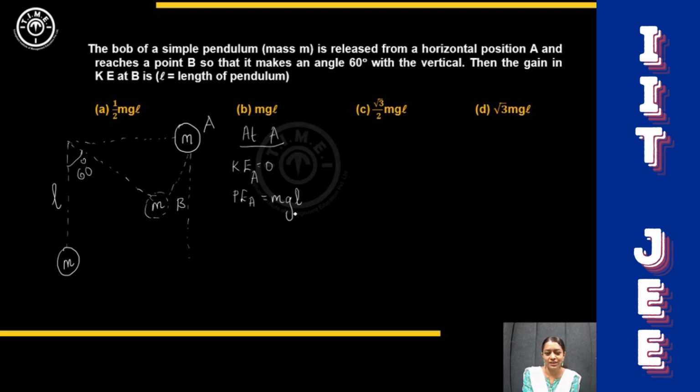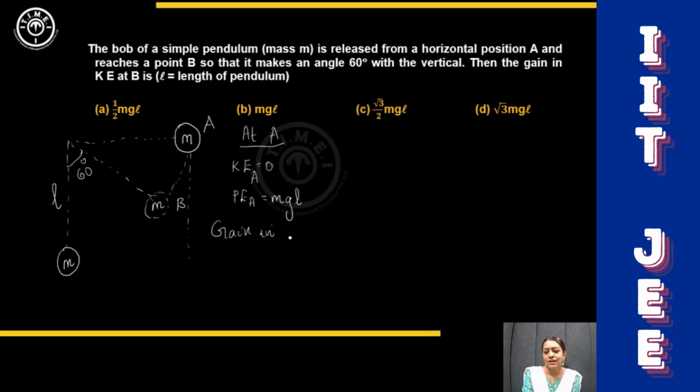Clear? Now let us see what is happening when it reaches point B. When it reaches point B, the kinetic energy goes on increasing and potential energy goes on decreasing. And according to law of conservation of energy, we can say that the gain in kinetic energy will be exactly equal to the loss in potential energy. So we are starting from that statement.